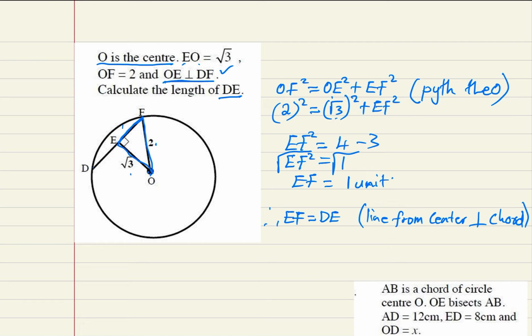That is it. We are done. Hence, we know that DE they are looking for is equal to 1 unit. So we are done. So this is how we are expecting you to answer such a problem.